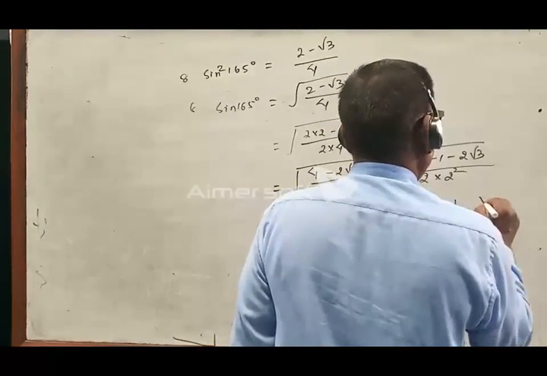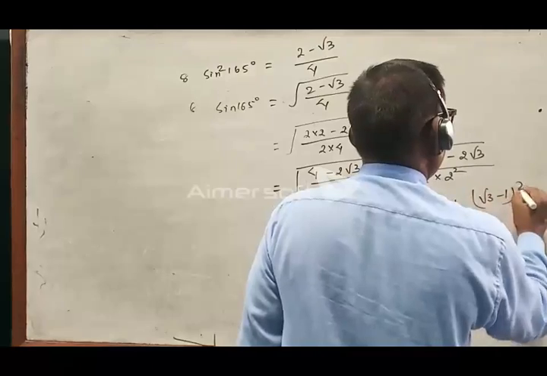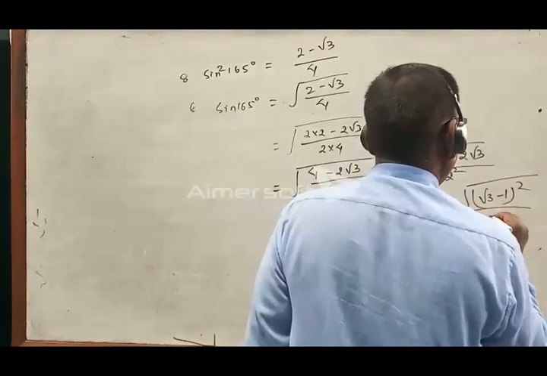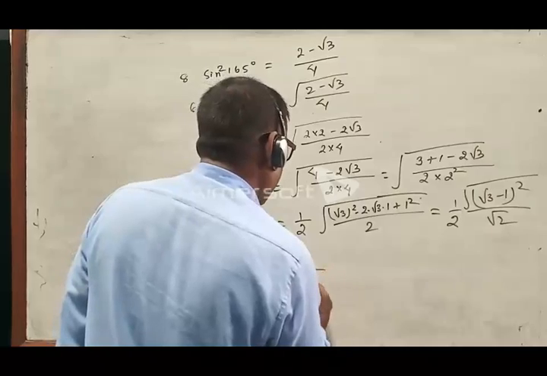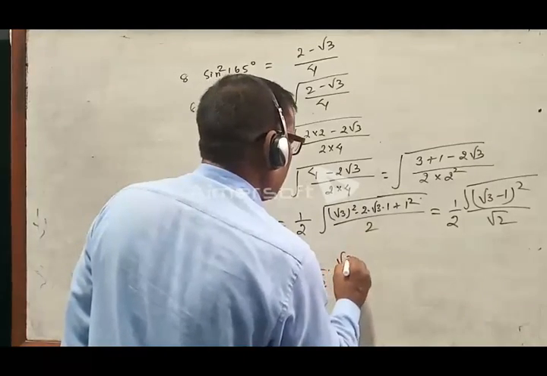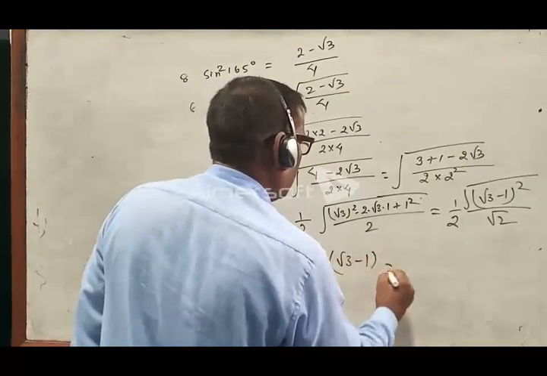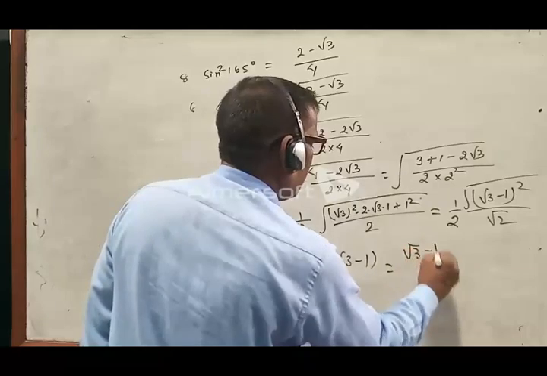This is 1 by 2 root 2 into root 3 minus 1 whole square. From this, 1 by 2 root 2 into root 3 minus 1. Our proof is complete.